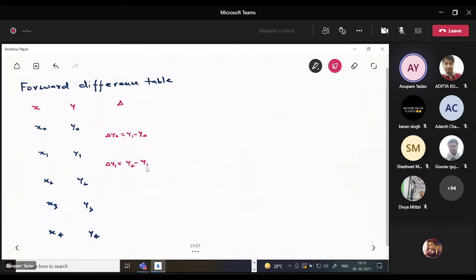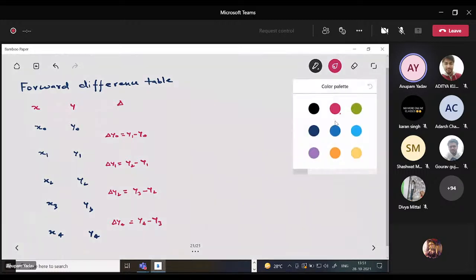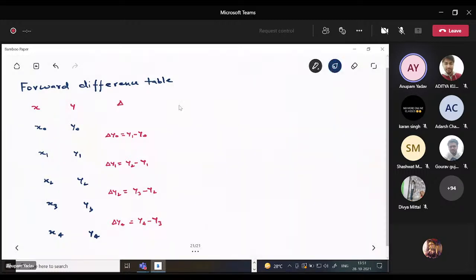I'm simply using the definition of the forward difference operator we have defined. Delta y2 equals y3 minus y2, and delta y3 equals y4 minus y3.